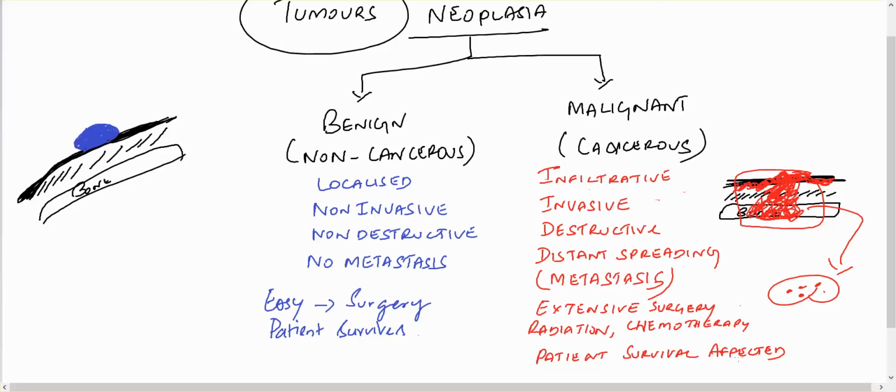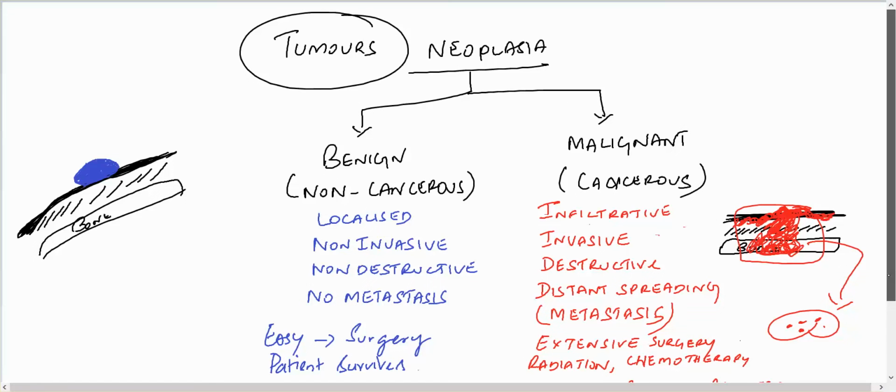So this is the thing we see in the malignant tumors. Okay. So this is a basic introduction about benign and malignant tumors.